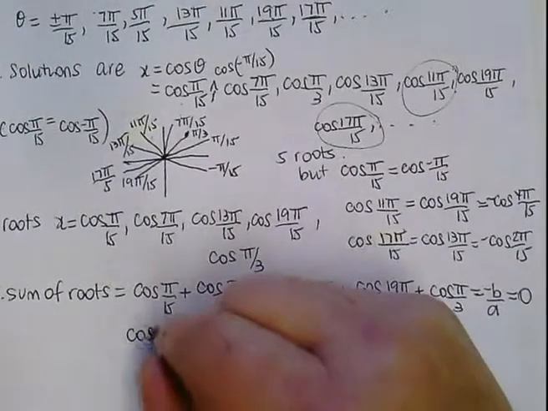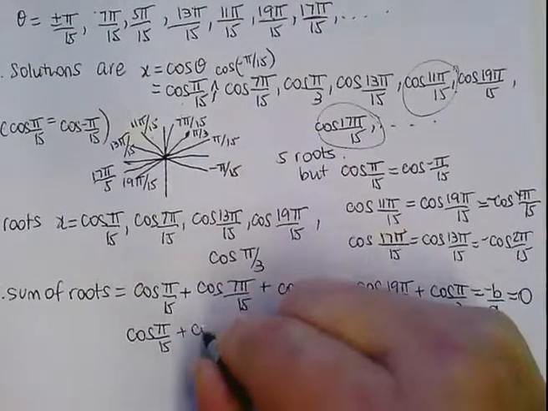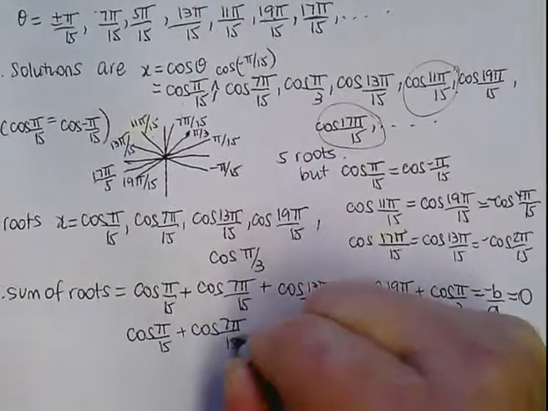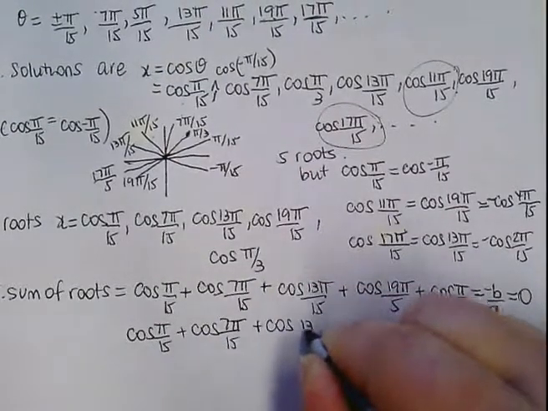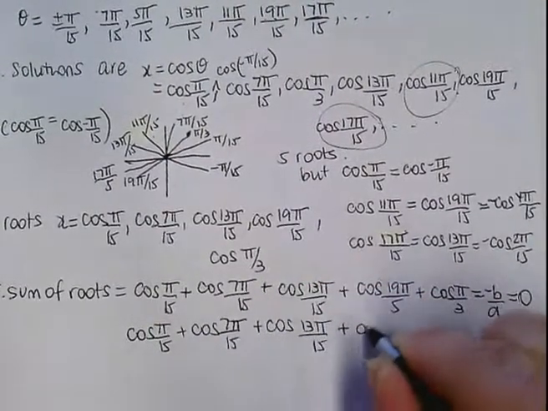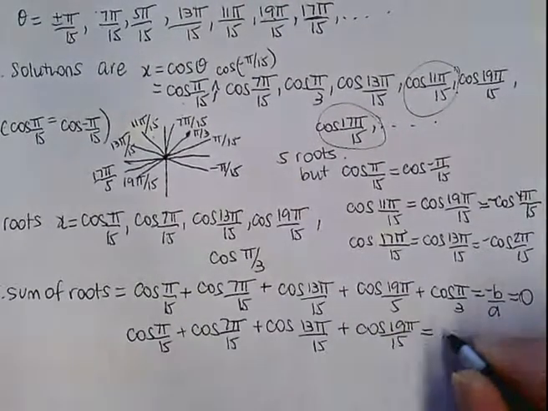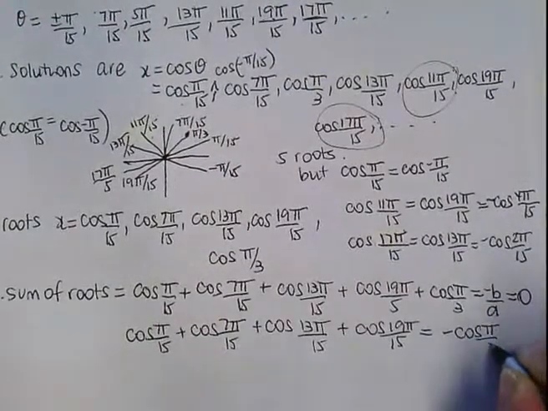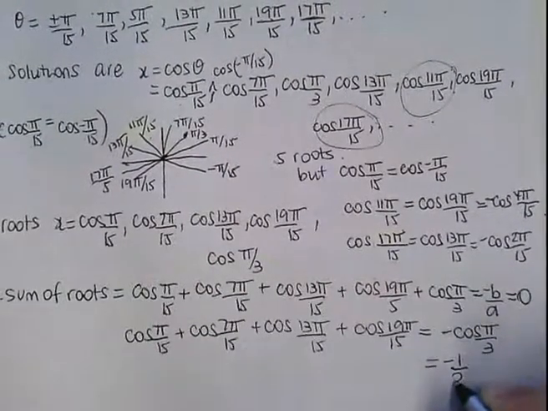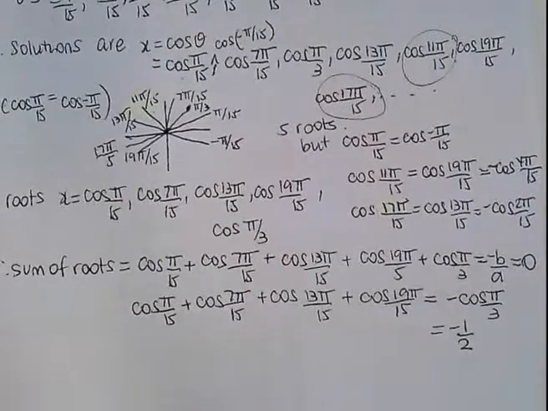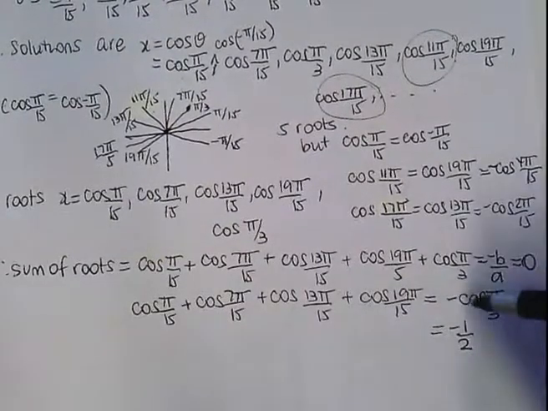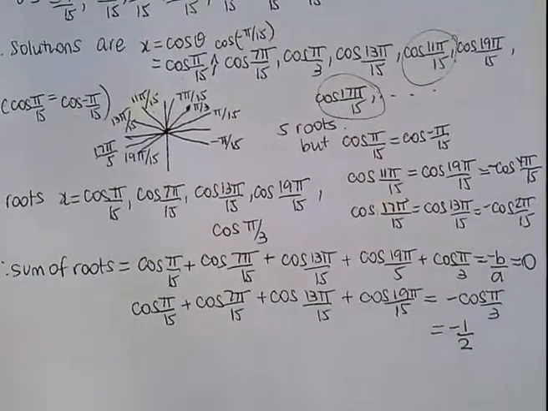So therefore cos of pi on 15 plus cos of 7 pi on 15 plus cos of 13 pi on 15 plus cos of 19 pi on 15 equals negative cos of pi on 3. Sorry, it's negative of cos pi on 3, which is negative a half.